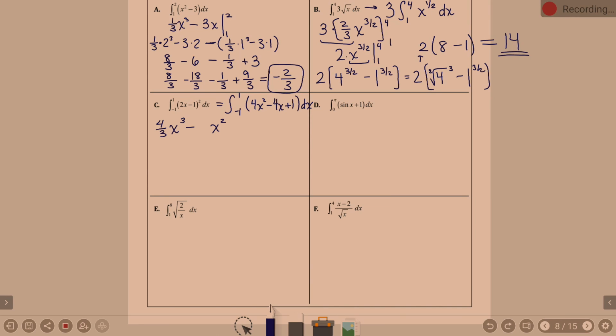Becomes x squared. Divide by that new power. You divide by 2. 4 divided by 2 is going to be 2. So you have minus 2x squared. Plus the antiderivative of 1 is x. Evaluated from negative 1 to 1.